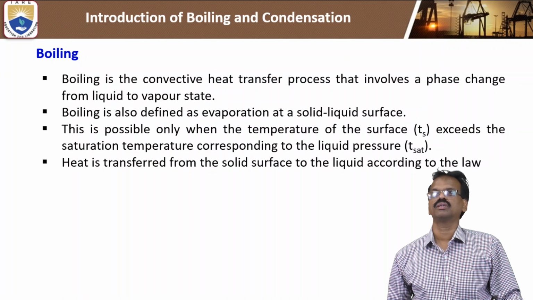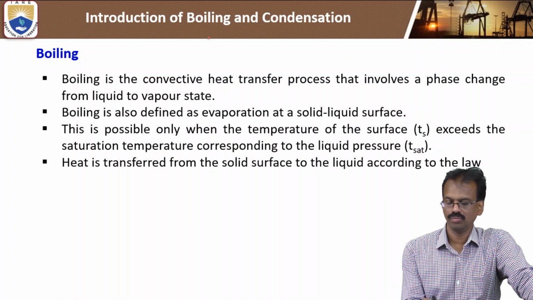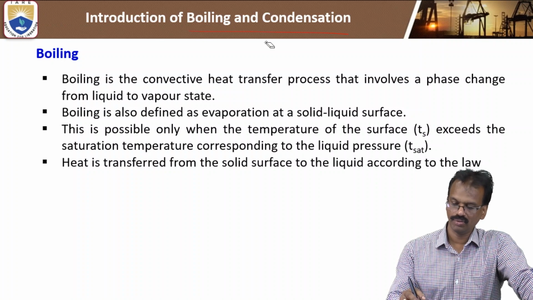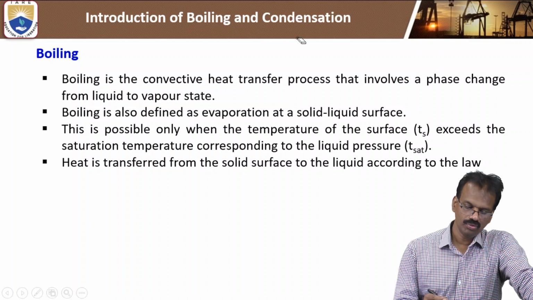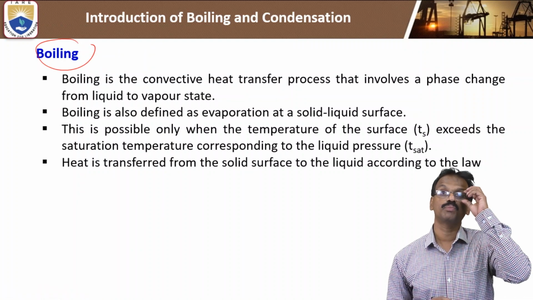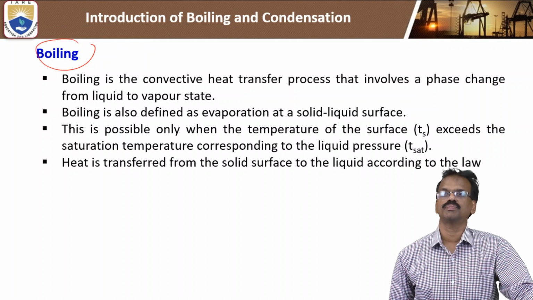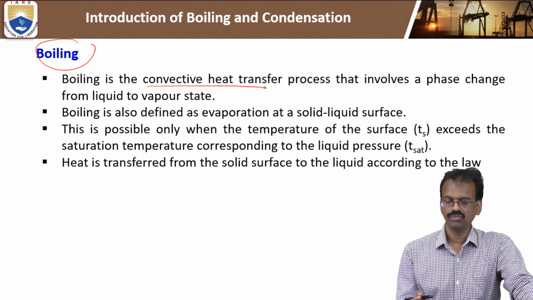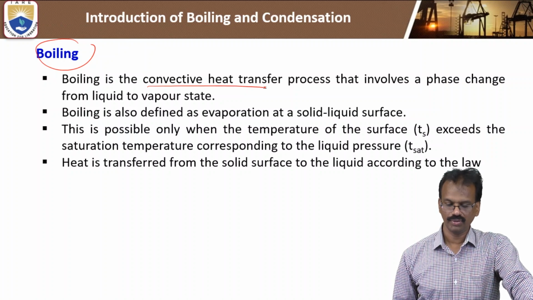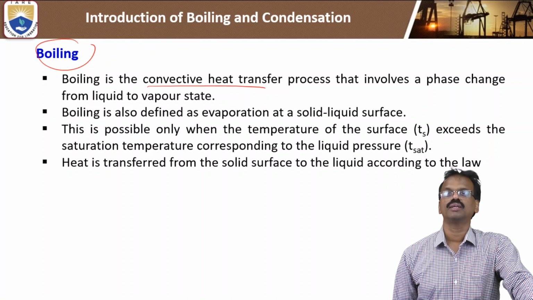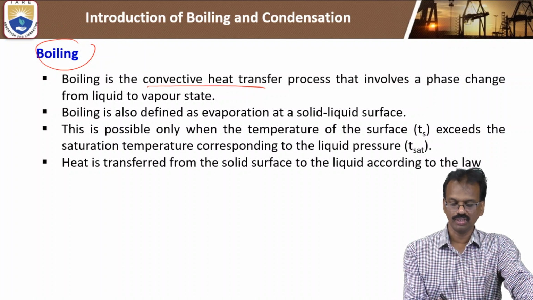First of all, we'll see here two types of process are there. One is boiling, another one is condensation. First of all, we'll see boiling. What is boiling? What are the types of boiling? What are the applications of boiling also? Boiling is a convective process, you know this one, a convective process with phase change. What type of phase change? Liquid to vapor state, it means vaporization.